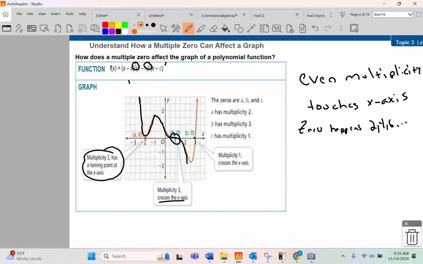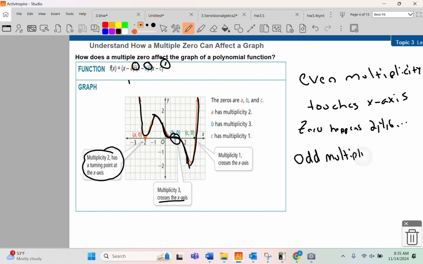These odd multiplicities, these 1s and these 3s, what do they do on the x-axis? I didn't think you were paying attention to them. Oh, you're right. Here's an odd multiplicity. What's it doing? Crossing. Here's an odd multiplicity. What's it doing? Crossing. Odd multiplicity.